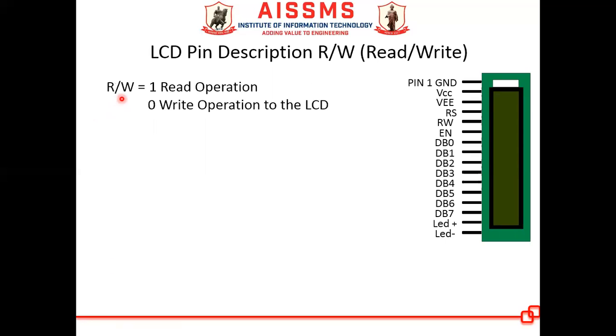R slash W is a read write pin. So if it is equal to 1, you can read the data from the LCD, and if it is equal to 0, you can write the data to the LCD.